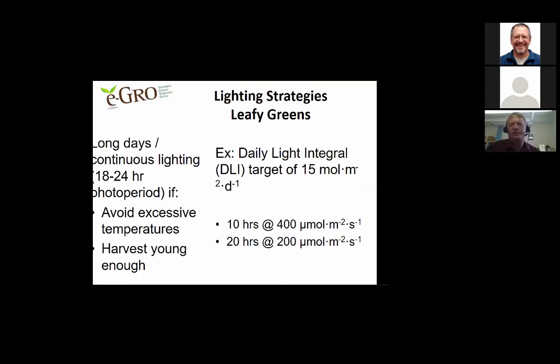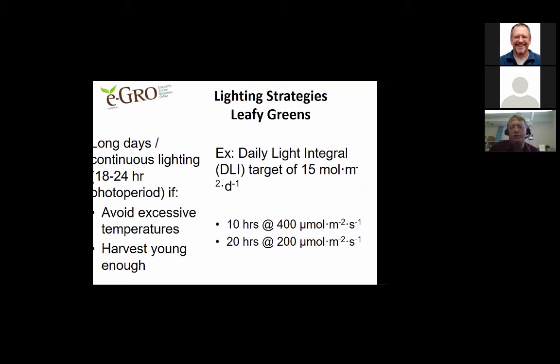And let's say we have a sole source lighting application, so we need to install lighting fixtures, whether they be fluorescent or LED or high pressure sodium. And if we could only have those on for 10 hours a day, we would need to install lighting capacity so as to deliver 400 micromoles per meter squared per second of instantaneous light.